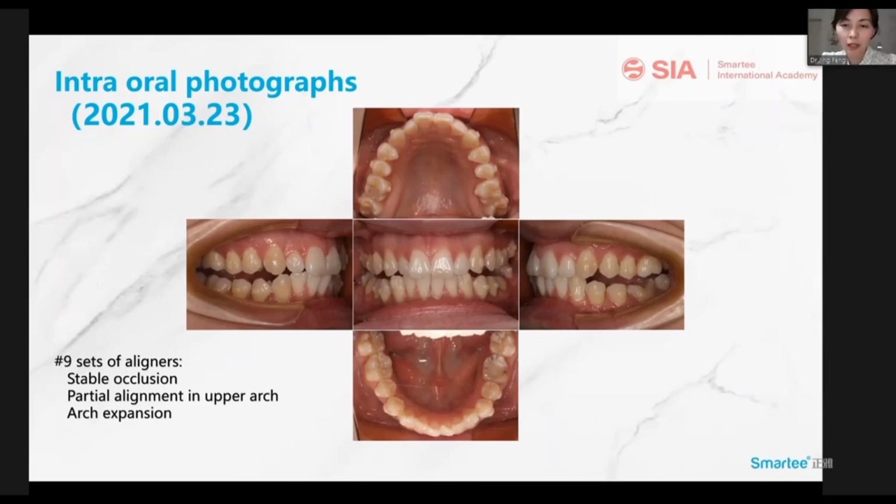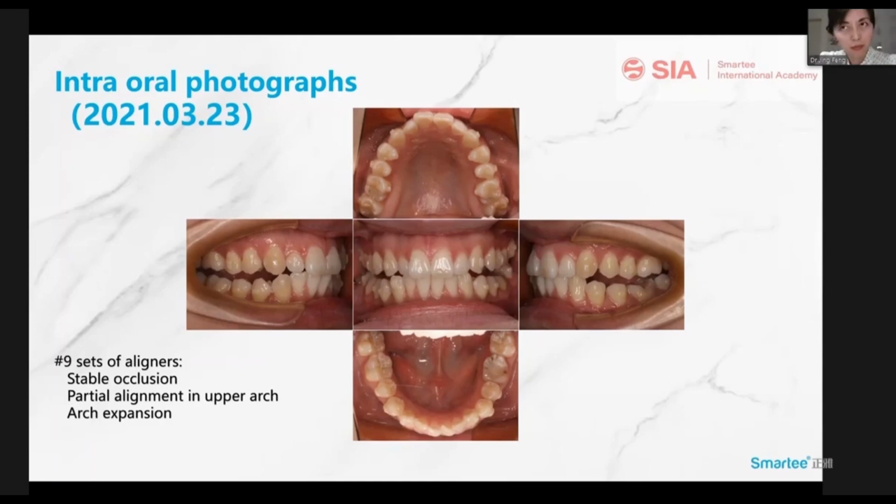For this case, the patient doesn't want to increase her facial height, so we decided to intrude the lower incisors instead of extruding the molars and premolars.